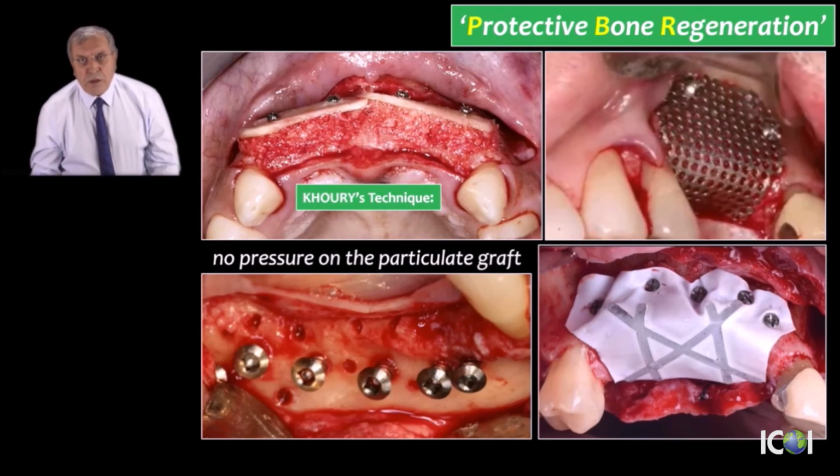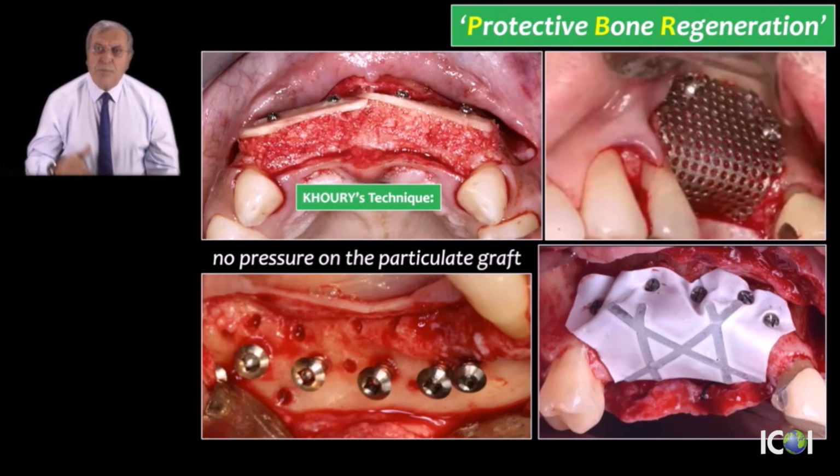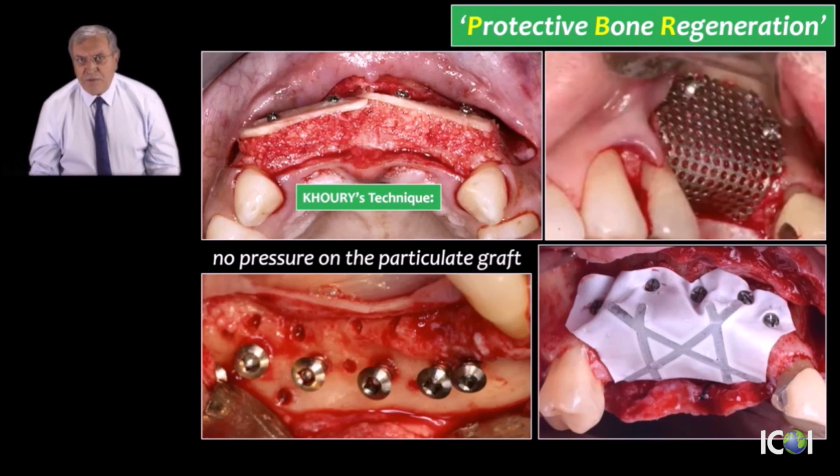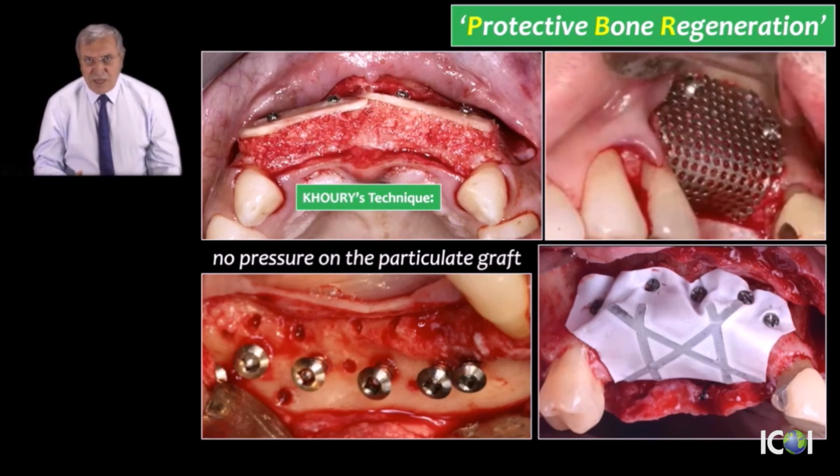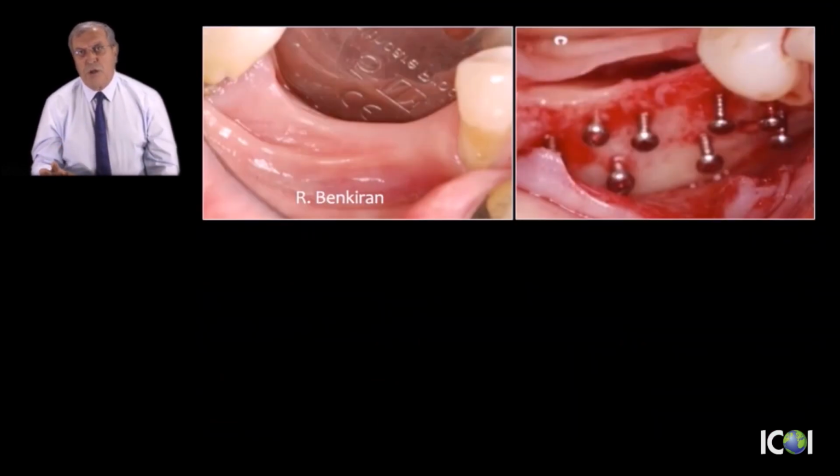When you use a titanium mesh, the objective is to protect the bone graft against the pressure from the soft tissue. When we use a screw, when we use a reinforced PTFE membrane, the concept is the same, and this is why all these techniques are working well. You can select what you want, but you must follow the concept to protect the bone from the compression of the soft tissue.